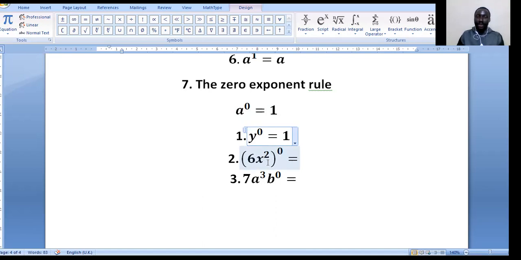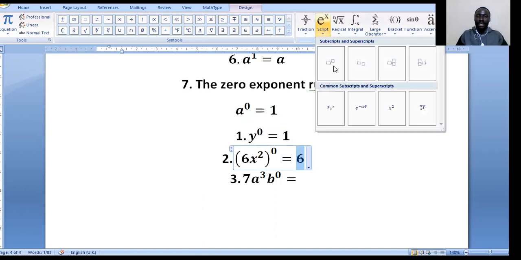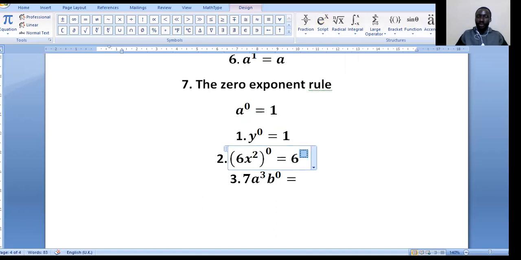So you can see here the whole thing is still 1. Or if you like it the slow way, you could say 6 with exponent 0. This time, the 6 is used to multiply x squared, like that, x is being squared.